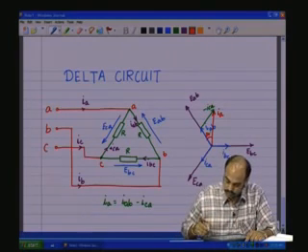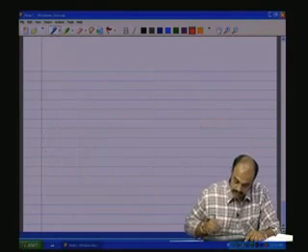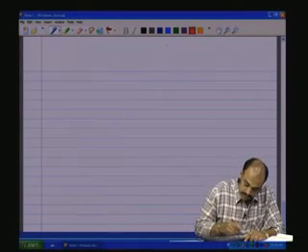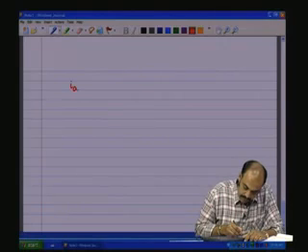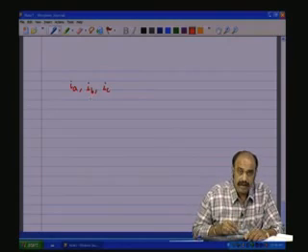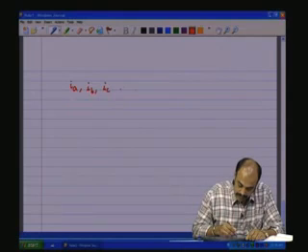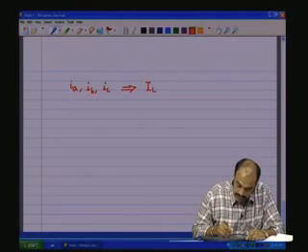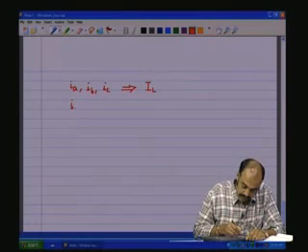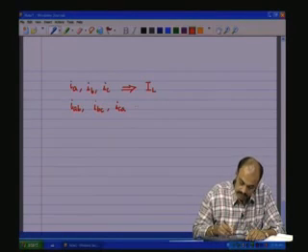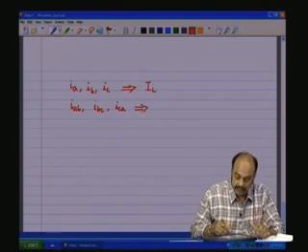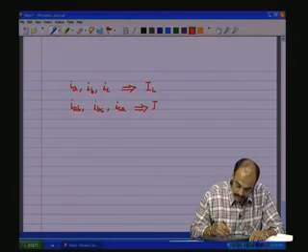So, here too, if you say that IA, IB, IC, they are all having the same effective amplitudes, and we will say that it is the line current IL. Okay. IAB, IBC, ICA, they are all having the same effective values, I phase.